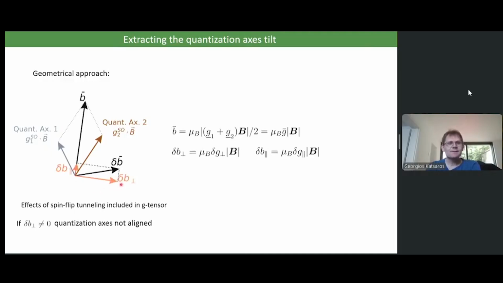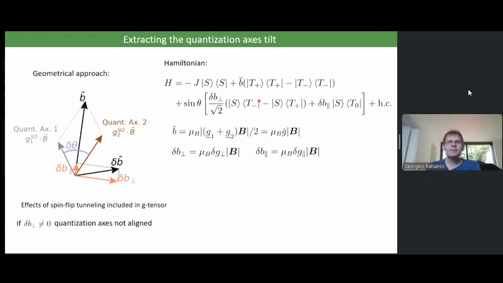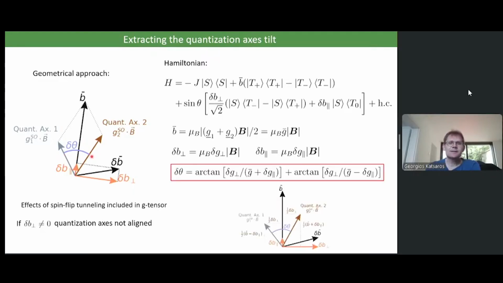And the interesting thing is that these quantities appear in the Hamiltonian of a double quantum dot system, which means that by doing the measurements we do, we should be able to extract delta theta, which is the difference in the quantization axis between the two quantum dots. And by doing a bit more considerations, you can see how that relates to those quantities.